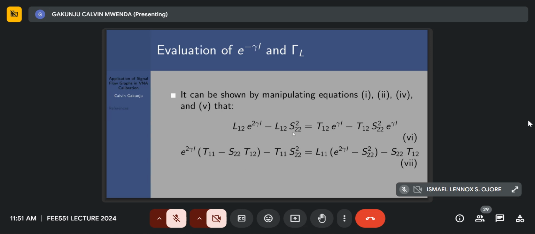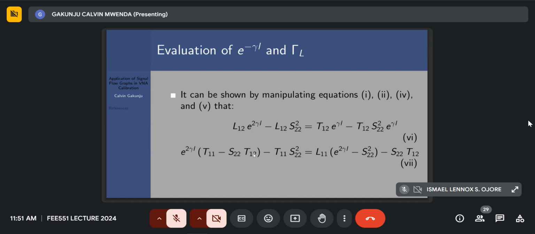By doing that, you've eliminated all the S parameters of the error boxes, and you're now remaining with the TRL, actually the TL, but the key thing is eliminating the error box S parameters.